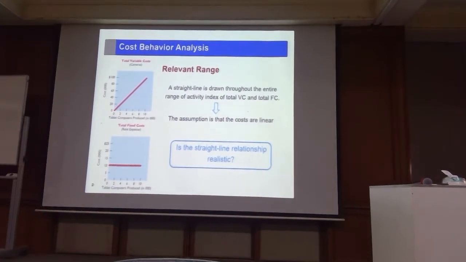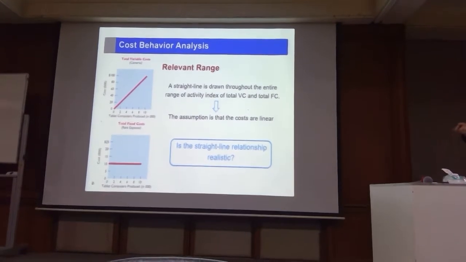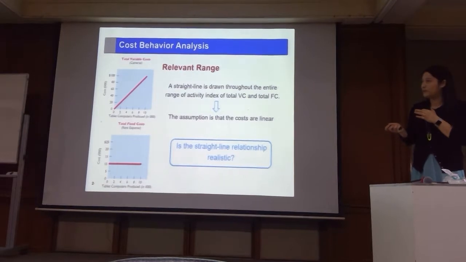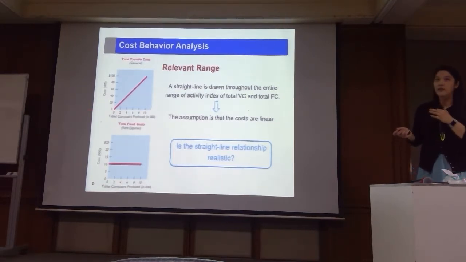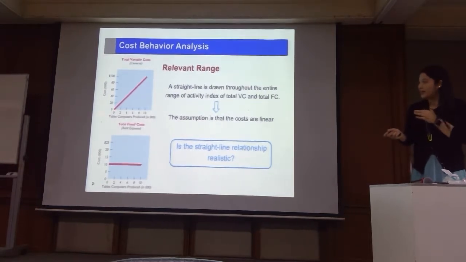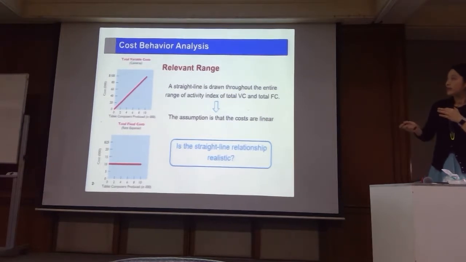As you can see, when we talk about the total variable cost and total fixed cost, you can see the relationship between the activities. Here, the activity is the unit that we produce, right? And the cost is on your y side. As you can see, the line here looks so straight, right? A straight line is drawn throughout the entire range of activity for total variable cost and fixed cost.